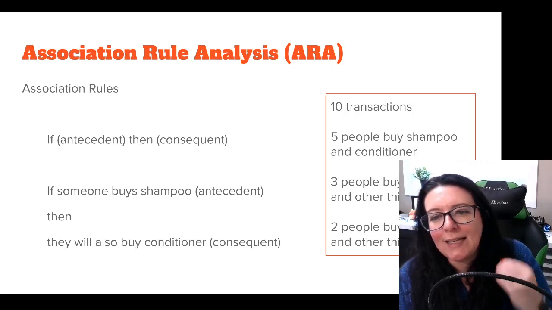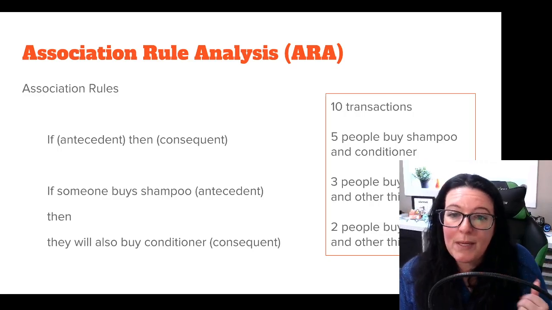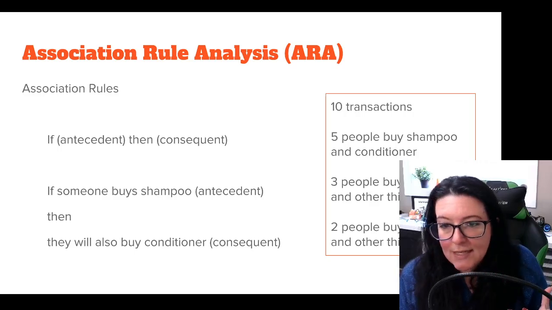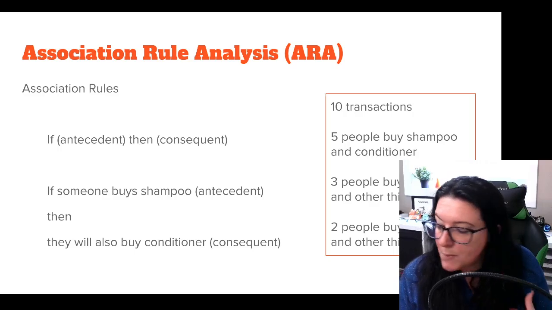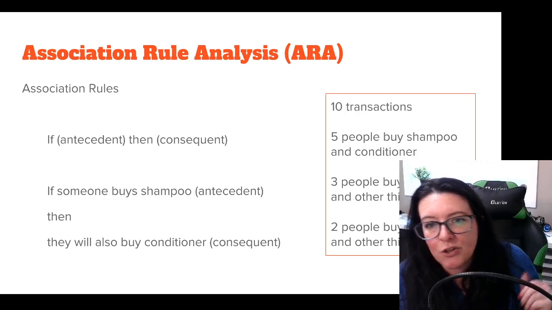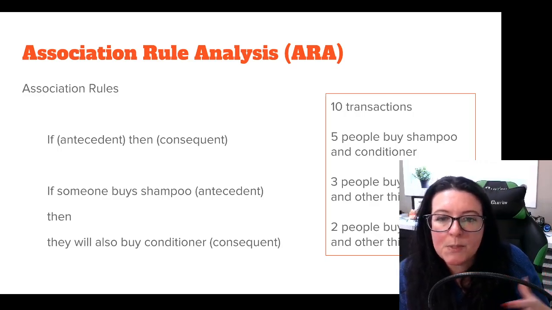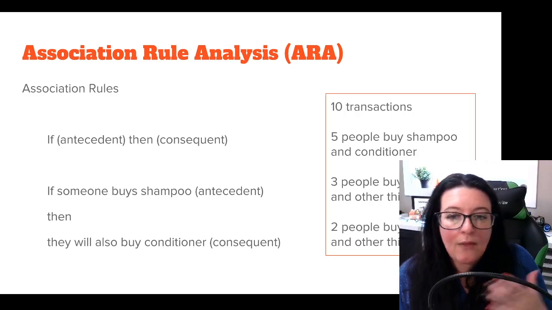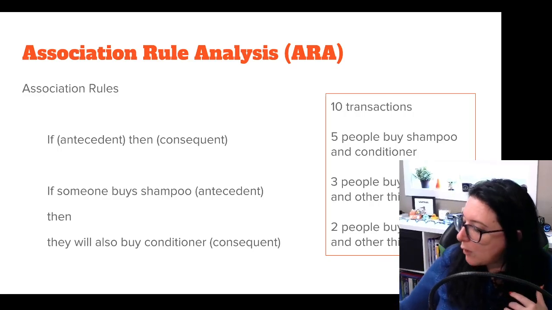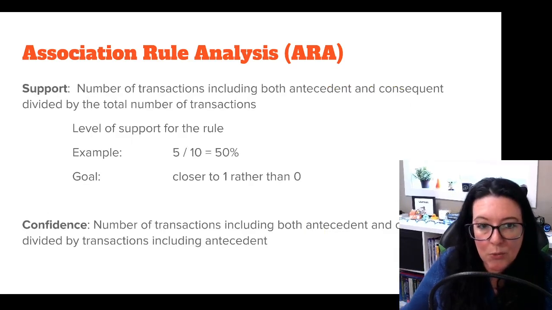So we need to look at, in 10 transactions, 5 people bought shampoo and conditioner. But in those 10 times, there were also 3 times where people bought shampoo and then they bought other stuff, not conditioner. And there were 2 times when people bought conditioner and they bought other stuff, but they didn't buy any shampoo. So we want to look at creating this association rule.